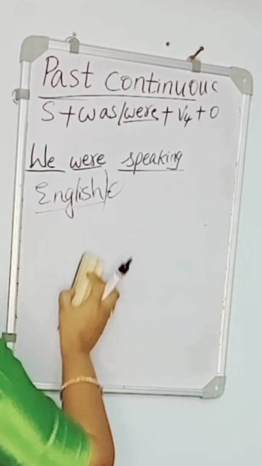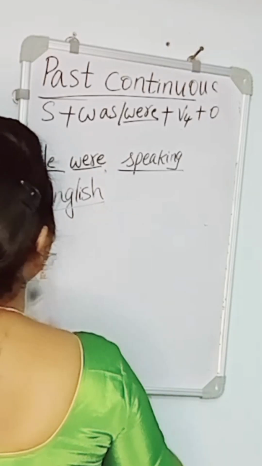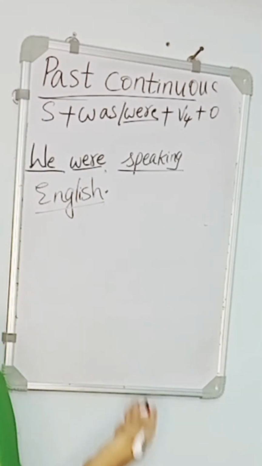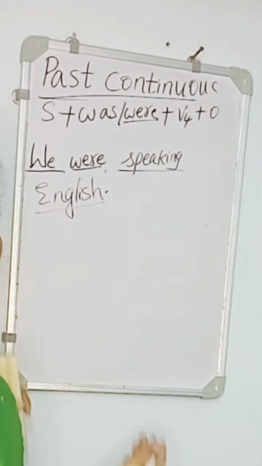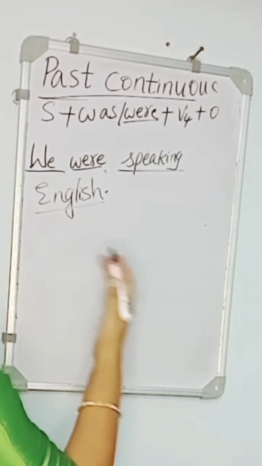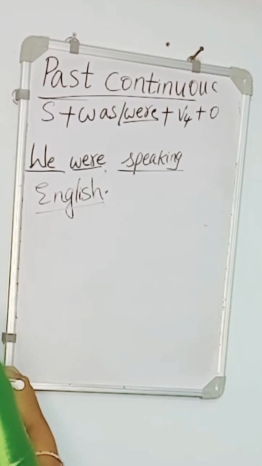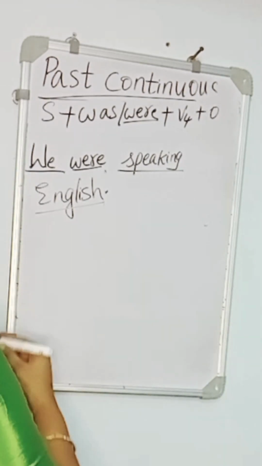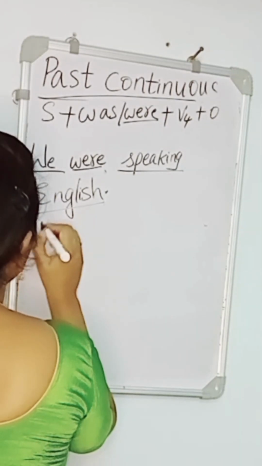Okay. So now we will write question for this. You already know what we have to write for question. Just a helping verb in the first and the subject is the next. Yes or no? So how to write?